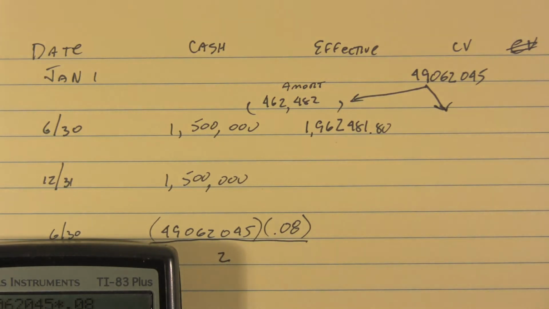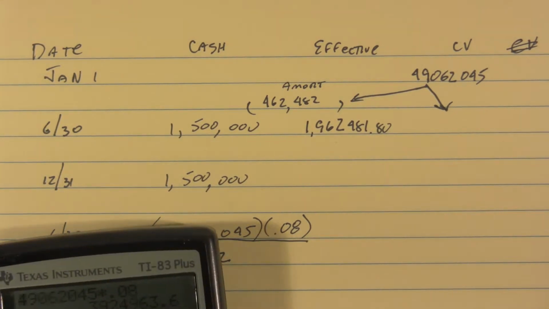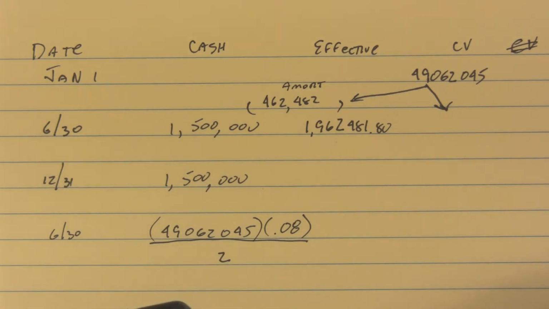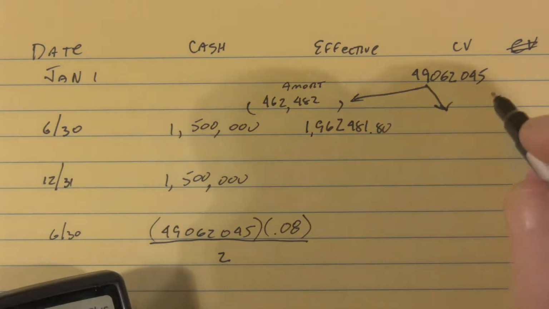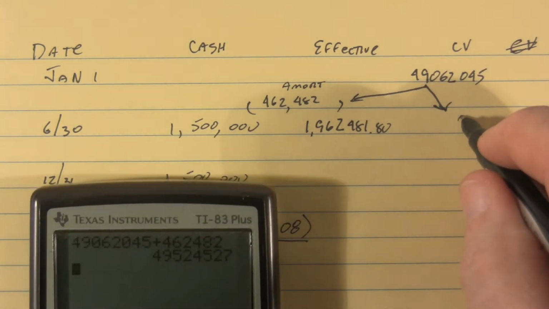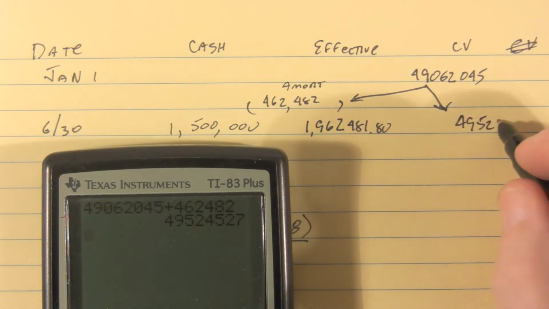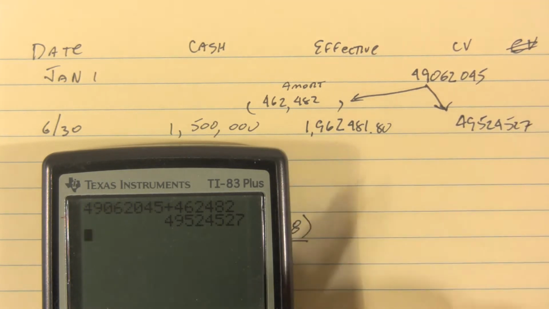Let me just add that for you: 49,062,045 plus 462,482, and our new carrying value goes up to $49,524,527.